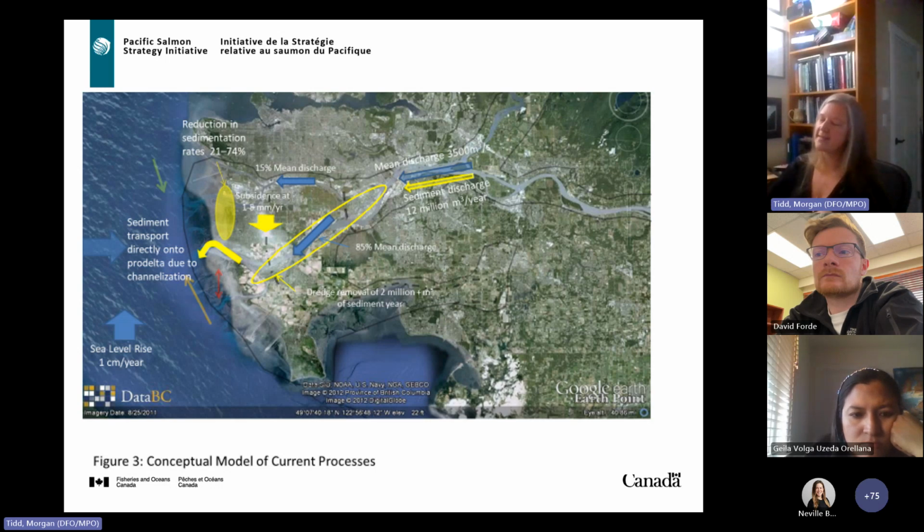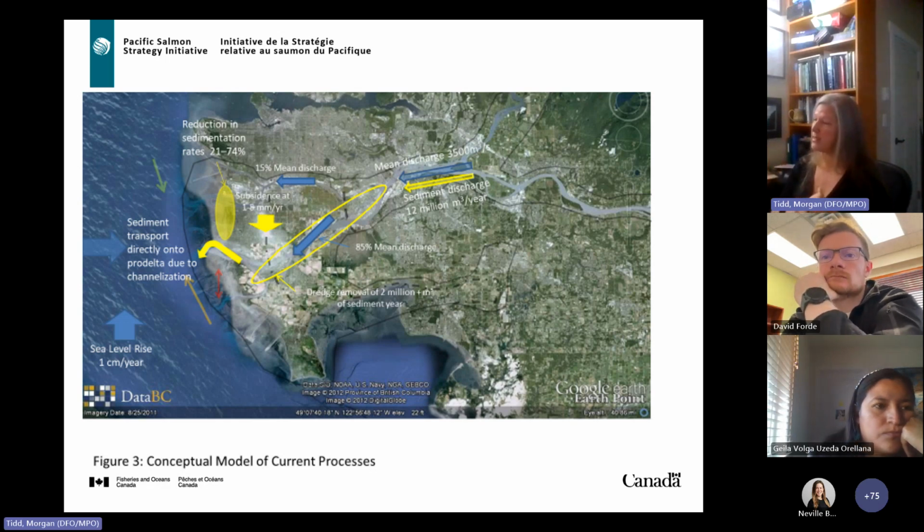Obviously, the presence of the North Arm Jetty, the Iona Jetty, and the Steveston North Jetty are all impacting how sediment transport moves along that stretch as well. So there's a significant reduction in sedimentation rates to the pro-delta. The main part of the delta is also subsiding at a rate of 1 to 8 millimeters a year.